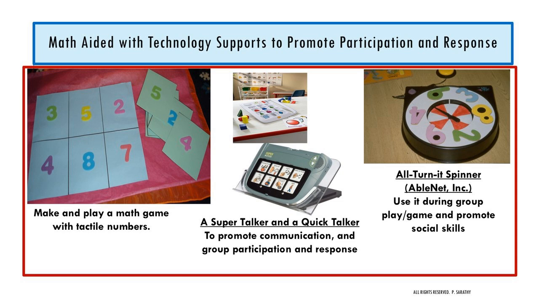items. Playing a game, and in playing a game, you can use the AbleNet's alternate spinner, and that helps group participation. And your student, all they have to do is to press the switch in order to have the alternate.